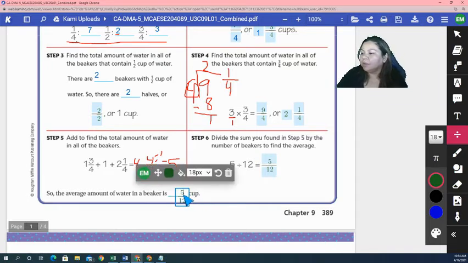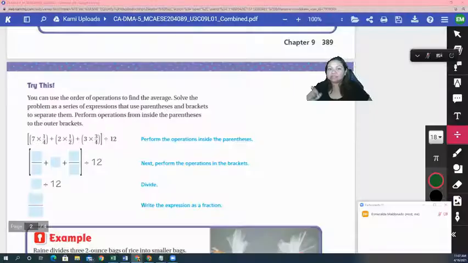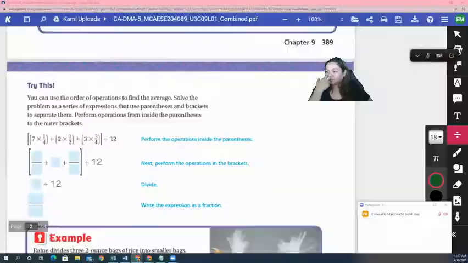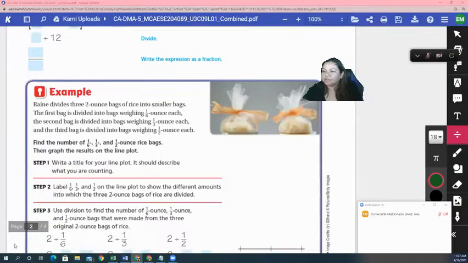The average amount of water in a beaker is 5/12 cups. All right, so remember, the average is when you add all of your numbers together, your totals, and you divide it by how many numbers you have. So let's do another example, but we're going to do another example down here.